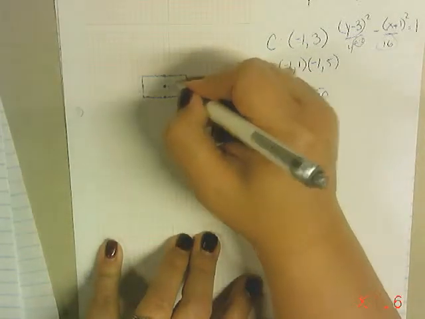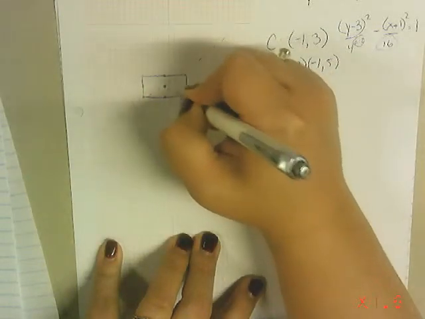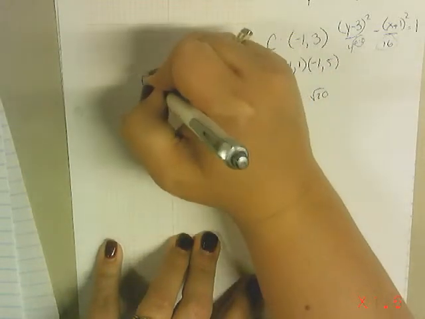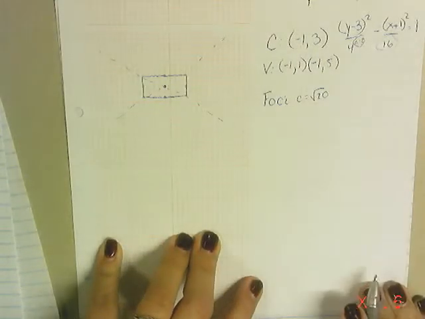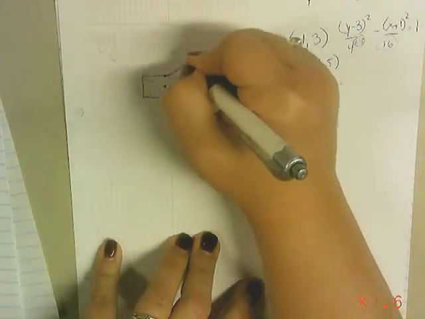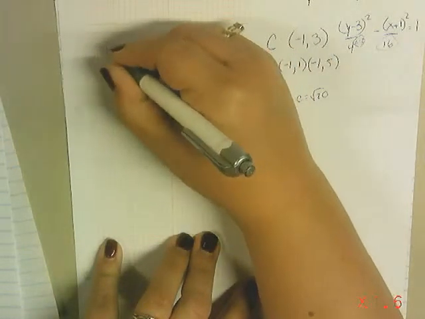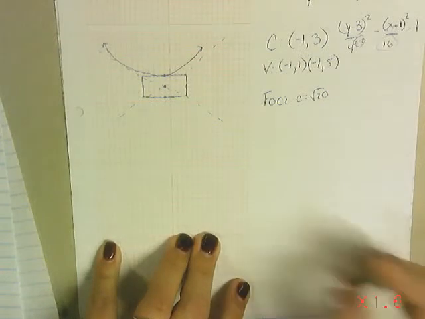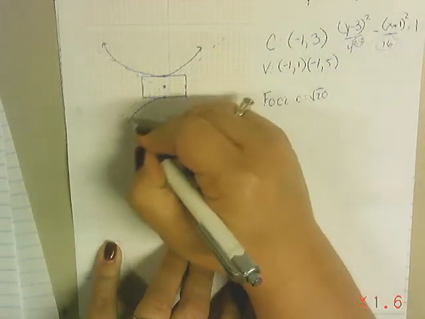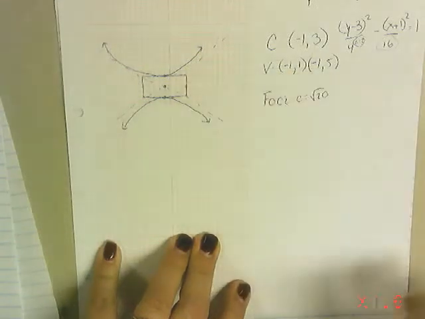Draw in your asymptotes, which are the diagonals of your rectangle. So we're doing a y hyperbola, so this time we draw our curves. That way, and this way.